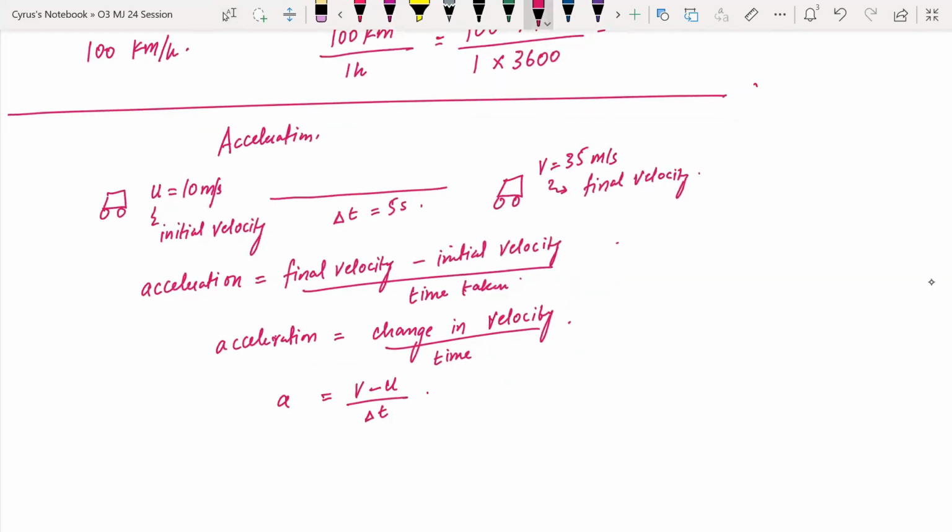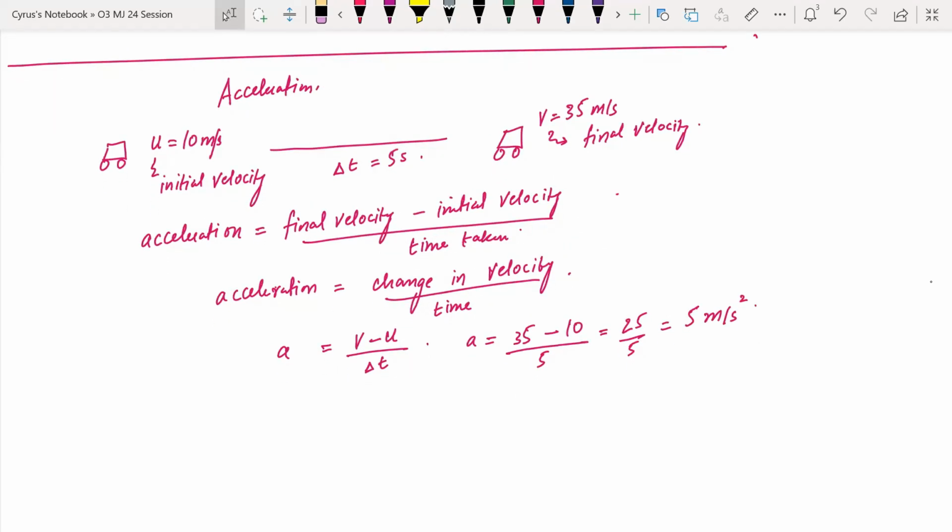So if you solve this equation, this will be 35 minus 10 over 5, which will give you 25 over 5. That's 5 meter per second square. And this is what we call the acceleration. SI units for acceleration are meter per second square.